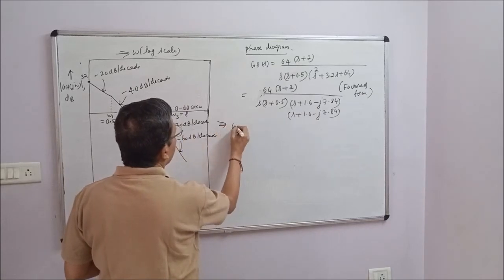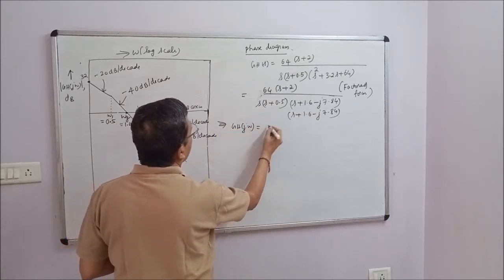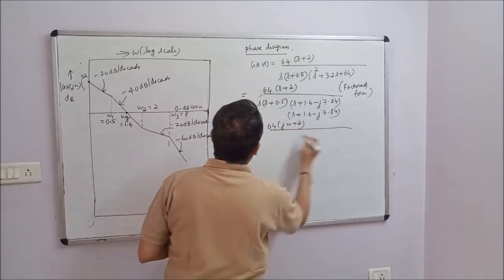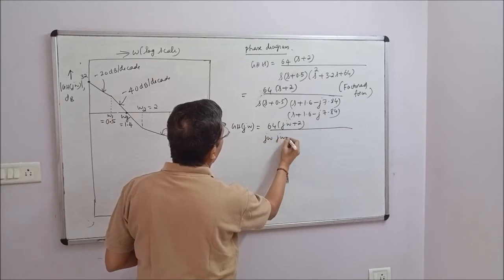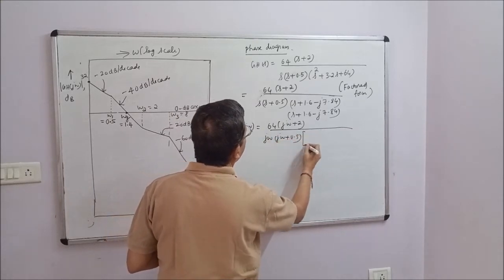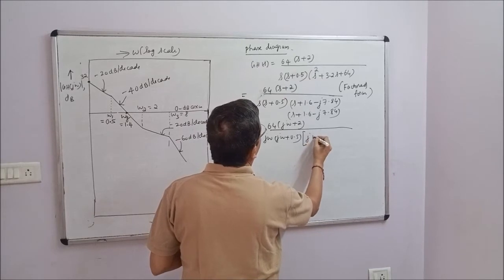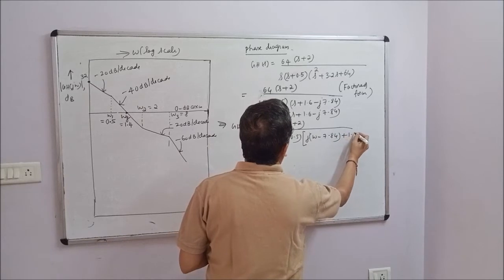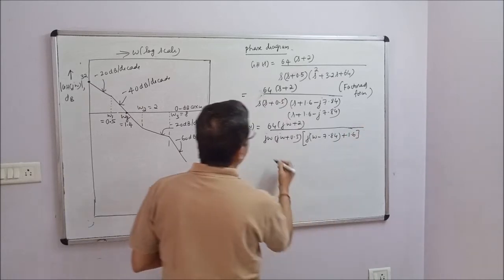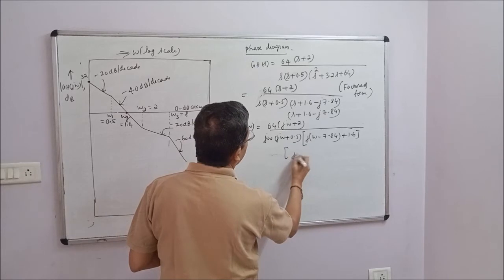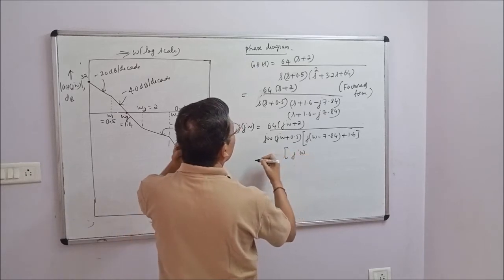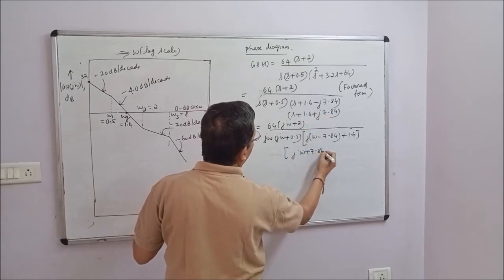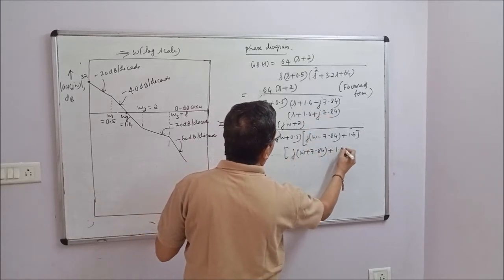So this implies GH of j omega is equal to 64 into (j omega plus 2) divided by j omega into (j omega plus 0.5) into (j omega minus 7.84 plus 1.6) into (j omega plus 7.84 plus 1.6).